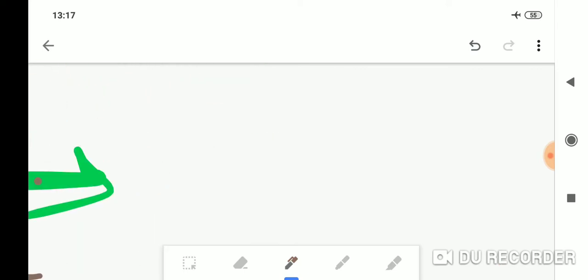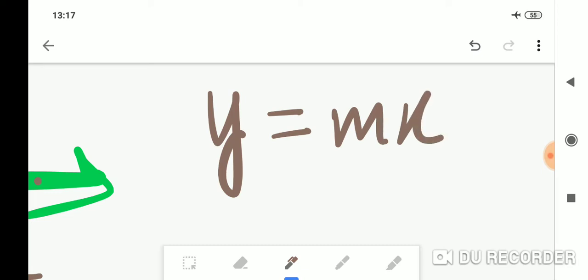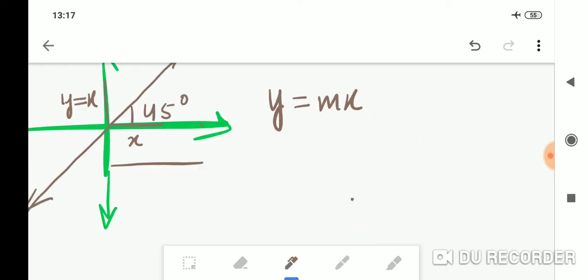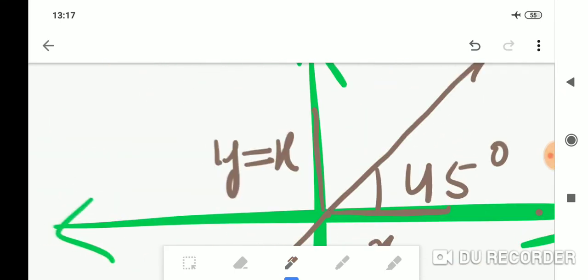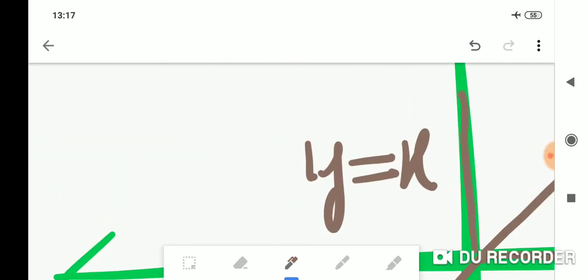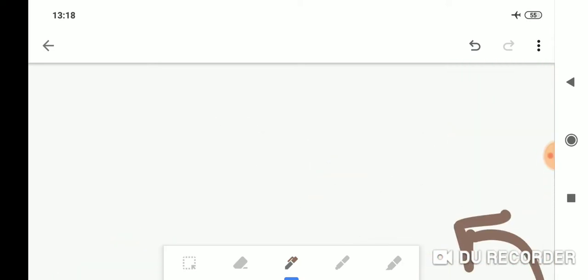What is the graph for y equal to mx? See, this graph passes through the origin. How can I tell? We can tell it by getting the solutions of this equation. What are the solutions of y equal to x?